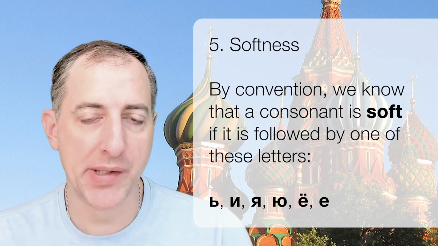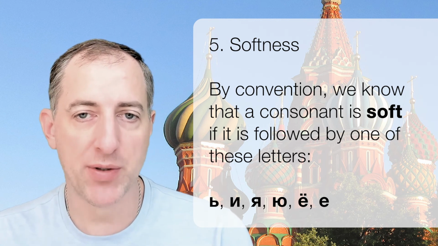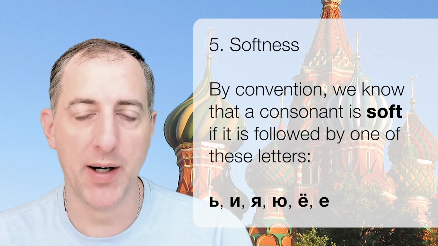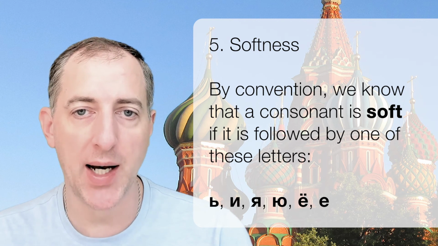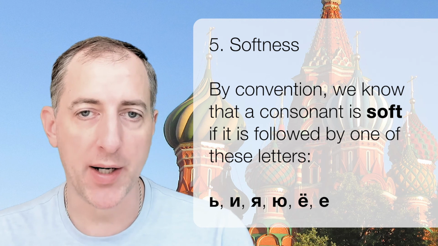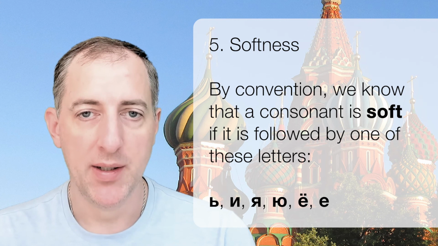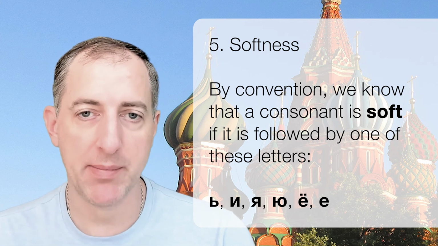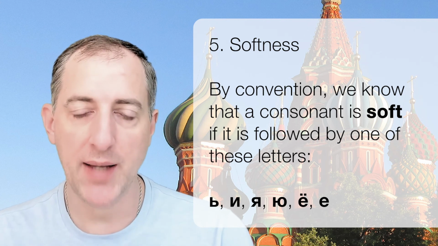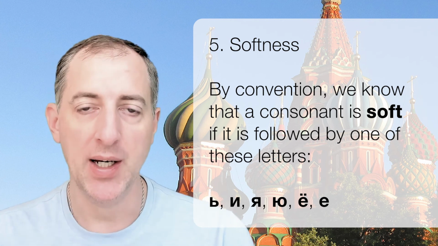Okay, let's think about this for a moment. We could just memorize that as a list without really thinking about it. But in fact, this is kind of easy to remember, and you see what's really going on here. Why would these 5 letters, E, ya, your, you, yeah, mark a preceding consonant as soft? Well, because they involve those 2 sounds we just talked about, E and ya, right? The vowel E, and then ya, you, yeah, your, they all start with this ya consonant.